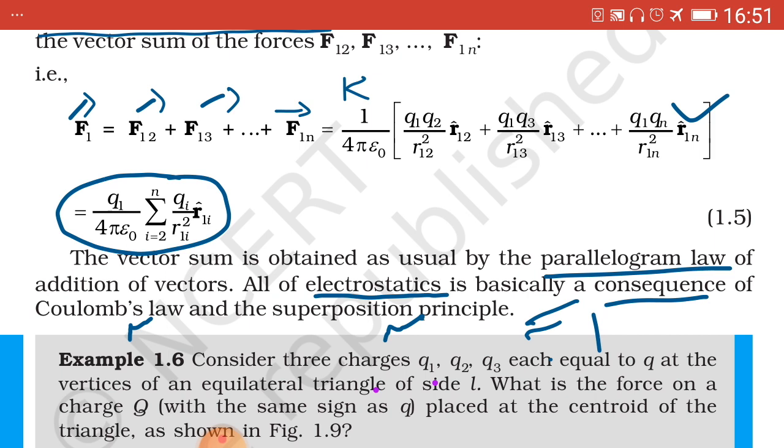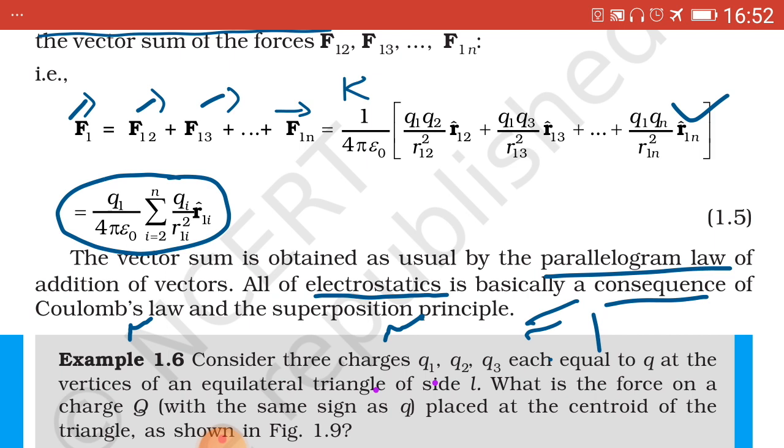Instead of 1, it will be written as vector F2 equal to q2 upon 4 pi epsilon 0 sigma qi upon r2i square into r2i hat, where i ranges from 1 to n, where i equal to 1 to n.